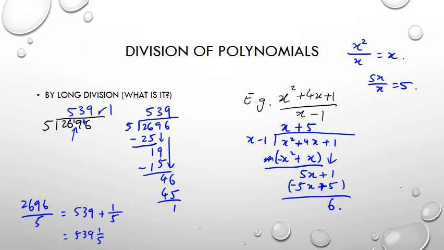We're going to do the same thing with the polynomial. So this will then be equal to x plus 5. Remember, we always write the quotient plus the remainder on top of the divisor.